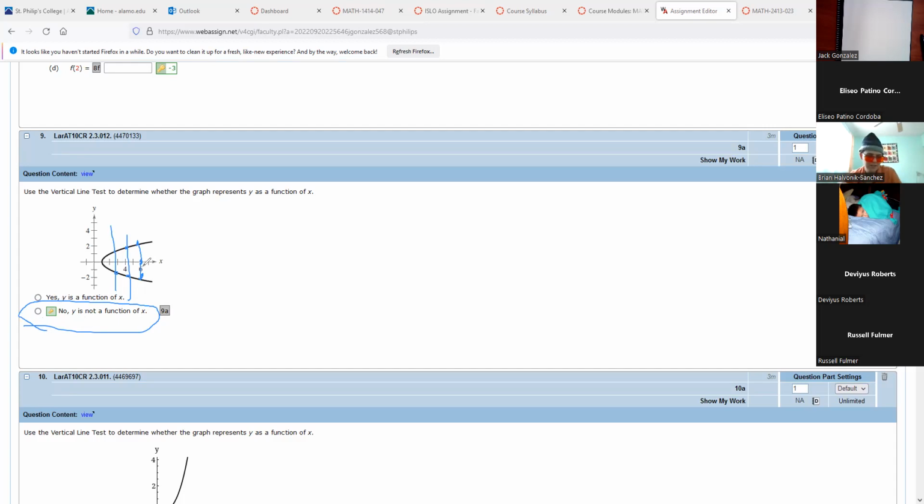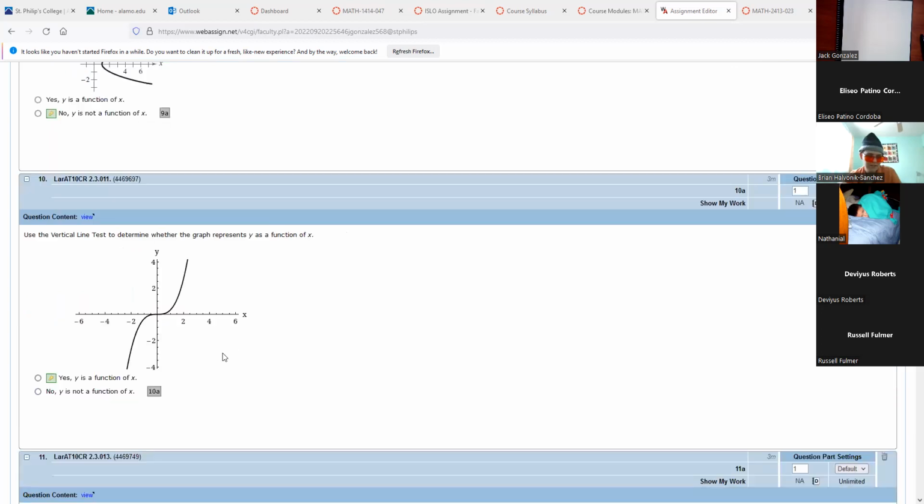It's like the phone number problem, right? This person has 2 phone numbers. Doesn't make sense. It goes to here and to here. So all you got to do is just draw vertical lines through it. This one is obviously a function. I'm never going to hit more than one time. No big deal, right?